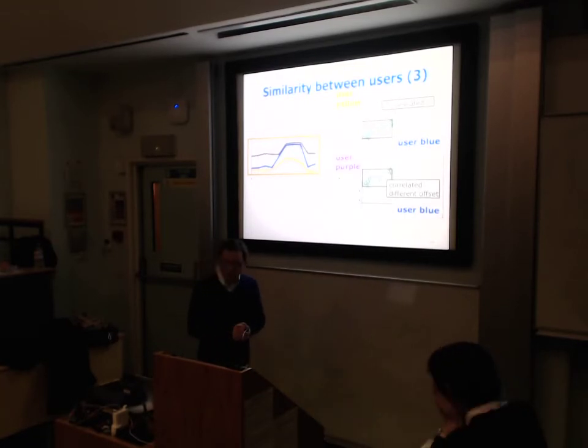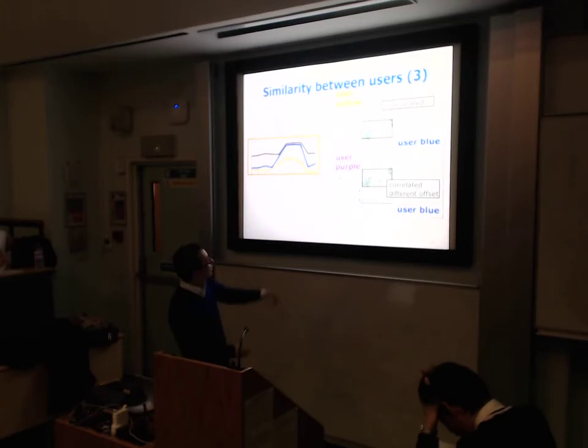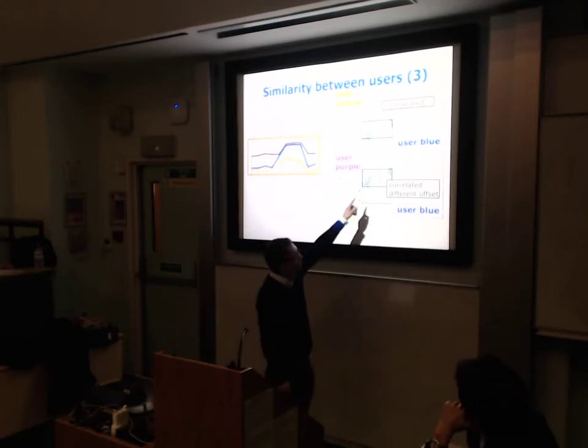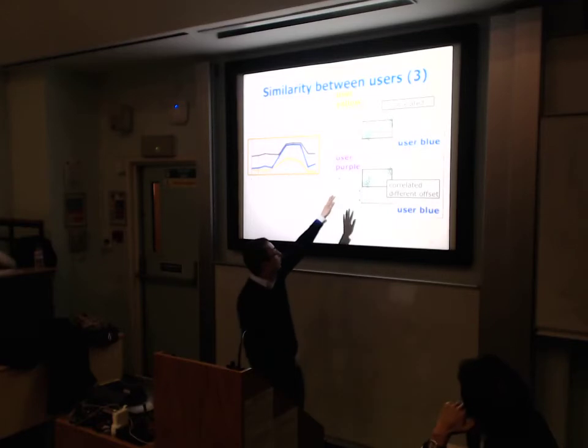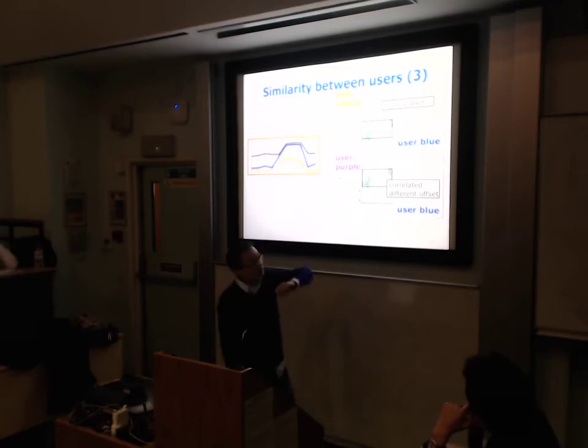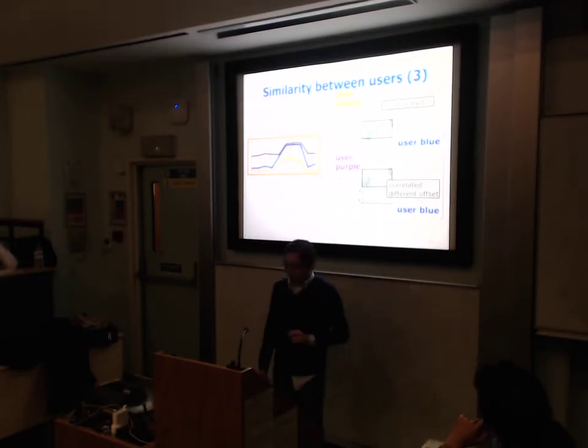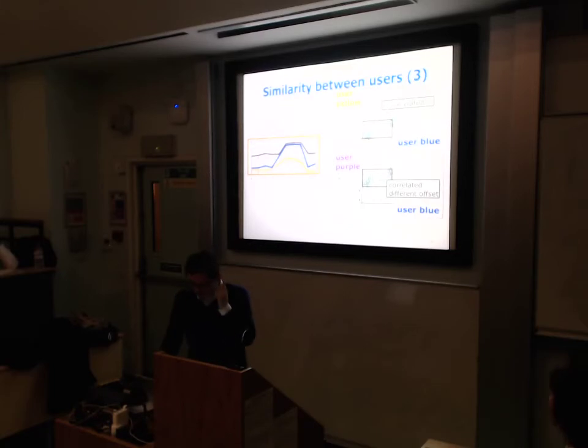However, if you look at another pair, let's say the purple user and the blue user, although these have a similar pattern to the previous one, there is a bit of drift for the purple user.